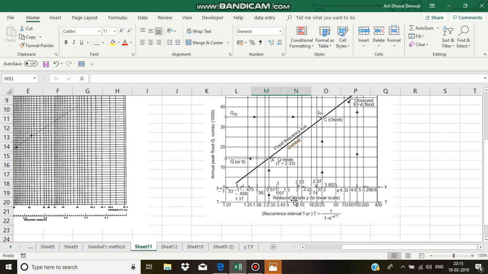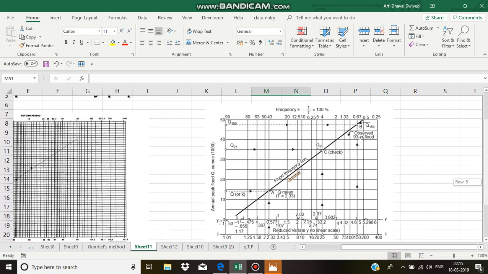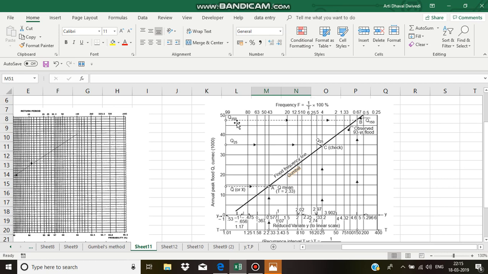Here is the reduced variate, here is the corresponding recurrence interval, and on the x-axis there is frequency or probability equal to 1 by t.